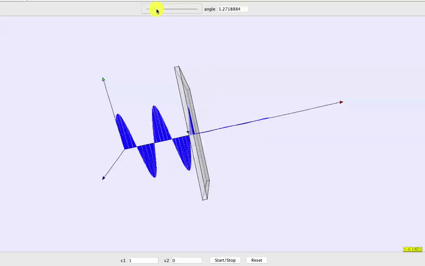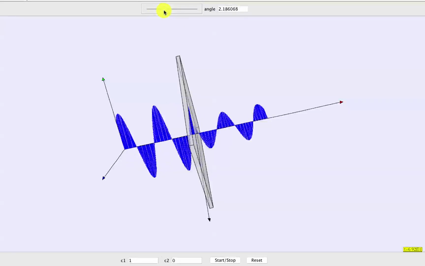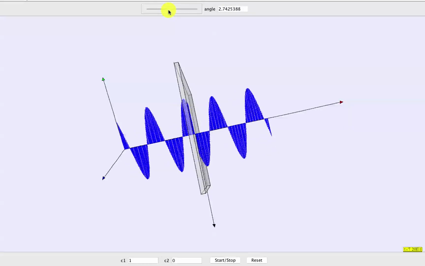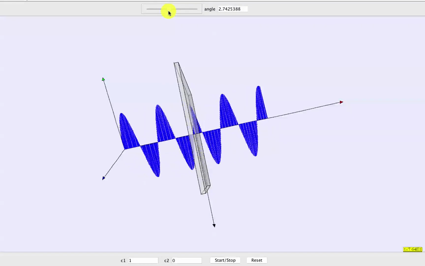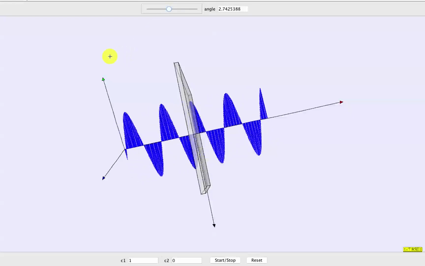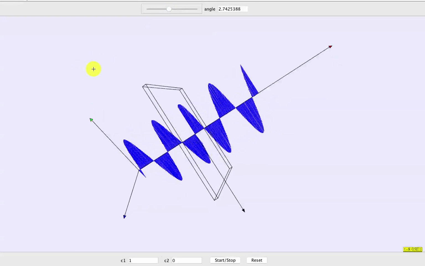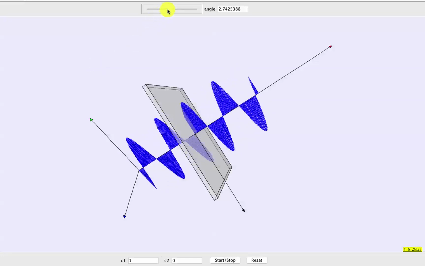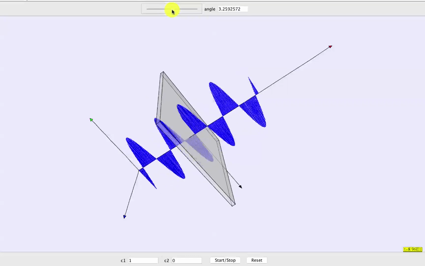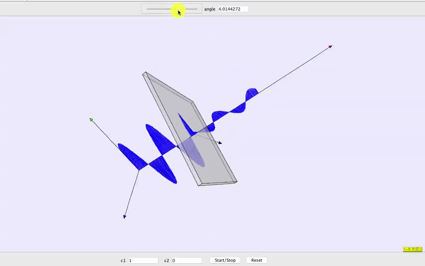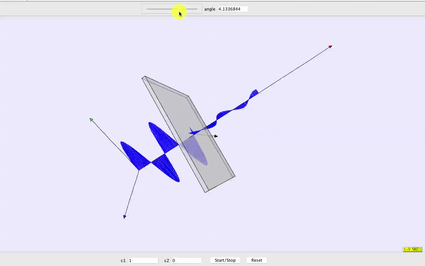If I change it more, it disappears. If I change it still more, it'll go back to the original value. And so this is how a polarizer works. It lets waves through that are polarized in one direction. It stops those which are polarized the other way.